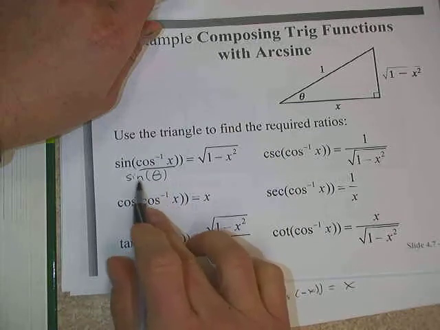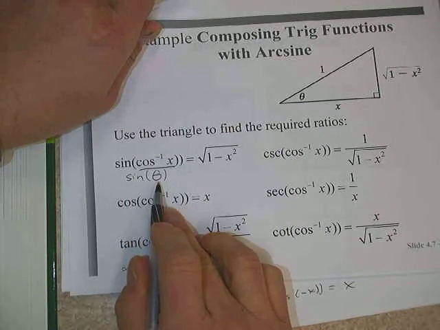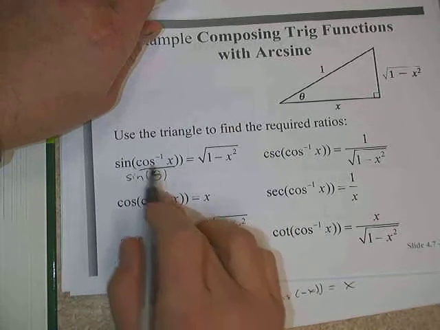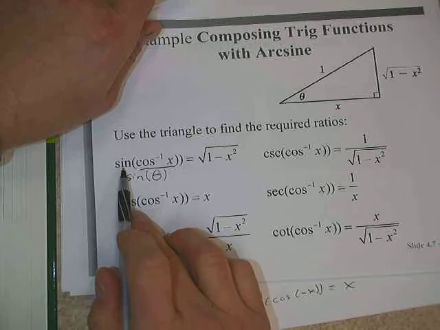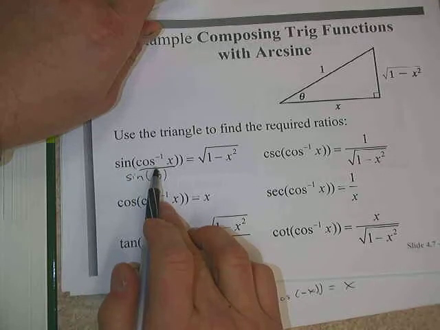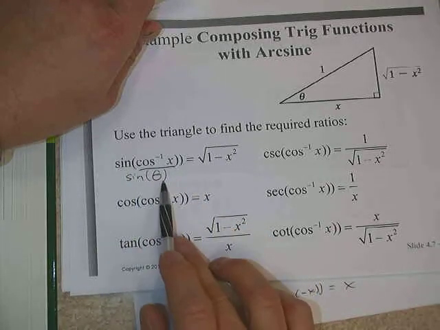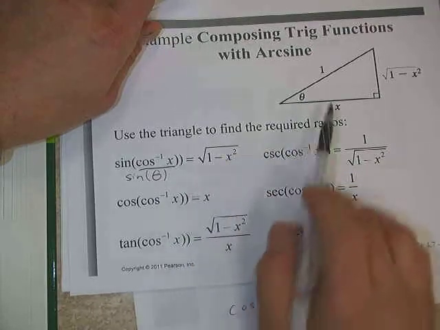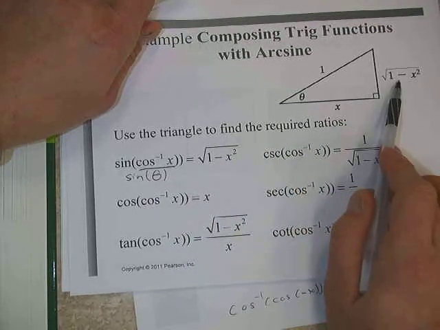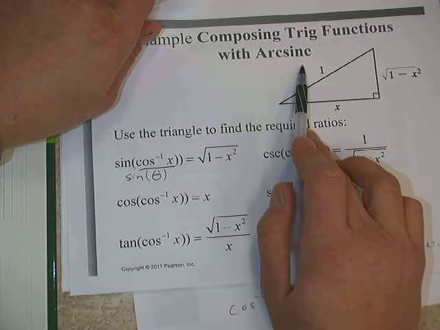Now what I want you to think of here is this. If I have cosine inverse of x, keep in mind that x is a value. The inverse that we get out is an angle. So really, in that sense, aren't I really just doing sine of theta here?